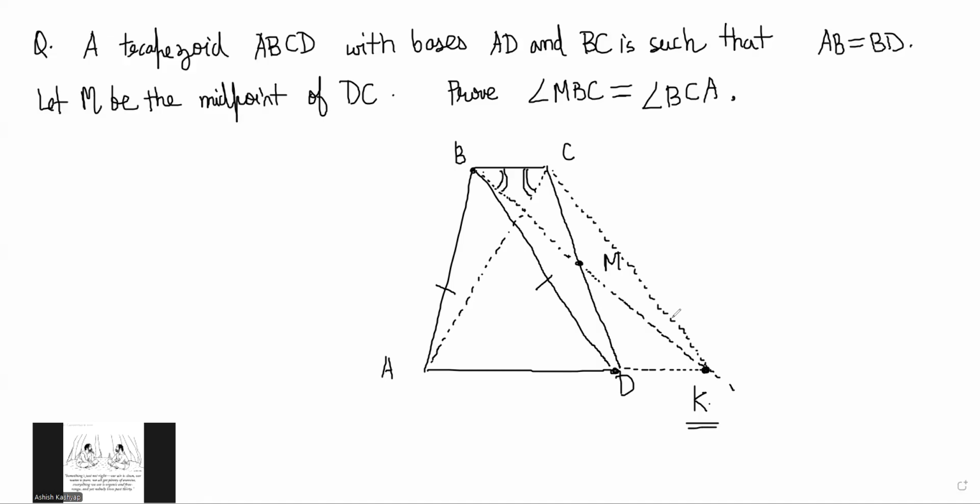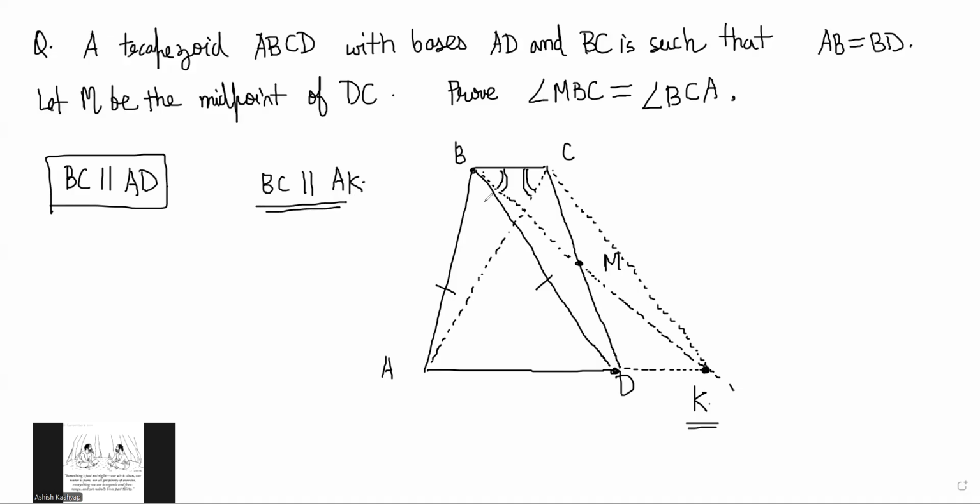Now, what is the benefit from that? The benefit is that we know that BC is parallel to AD, right? That is known because it was a trapezium. So BC will be parallel to basically AK also.